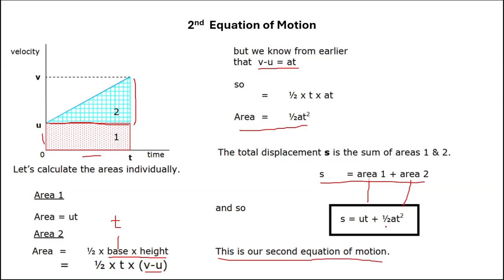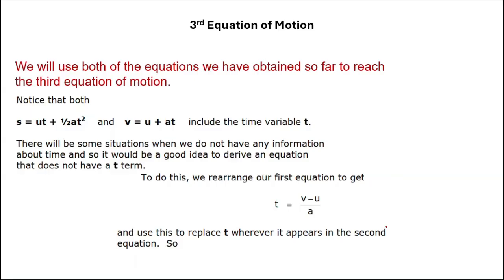motion. Alright students, now we will find the third equation of motion. This is a bit complex method because it involves a lot of mathematical operations and calculations. So we will use both of the equations, equation 1 and equation 2, that we have already obtained so far, to reach and find the third equation of motion.